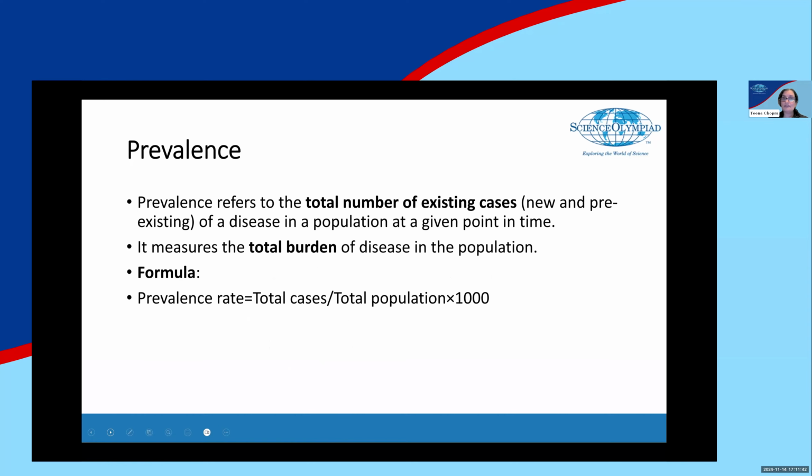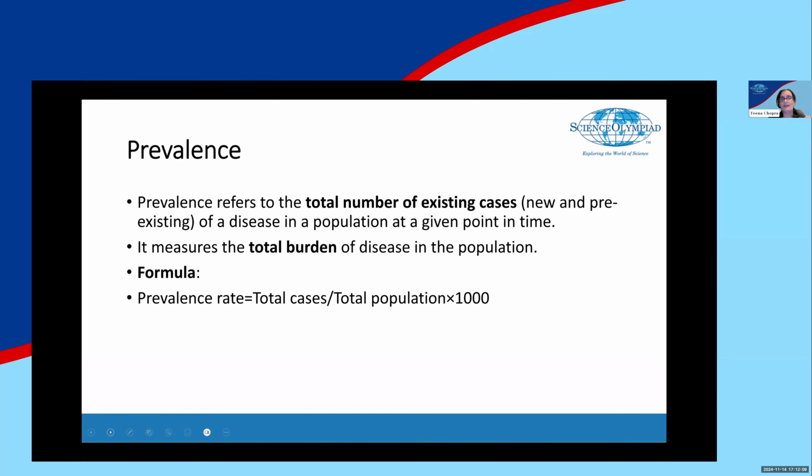Now that you've learned about incidence, how does it differ from prevalence? Prevalence is the total number of existing cases of a disease in a population at a given point in time. So it's the total burden of disease in a population. We talked about incidence, new cases; prevalence is the total number of existing cases. So it will include old cases of that disease too, remember?